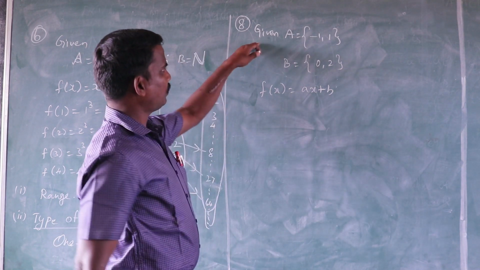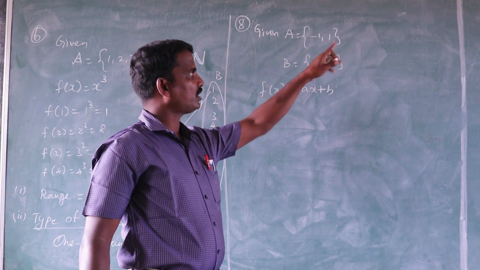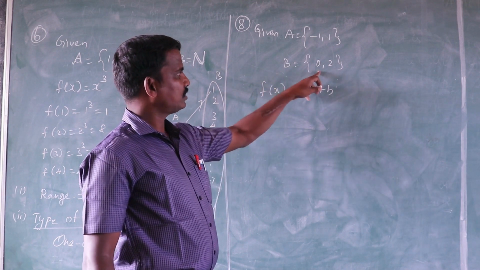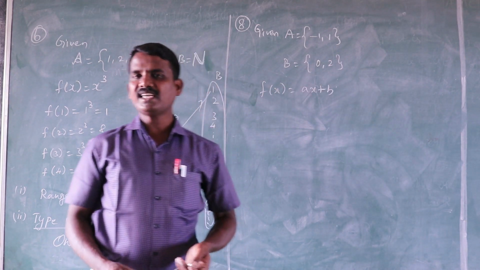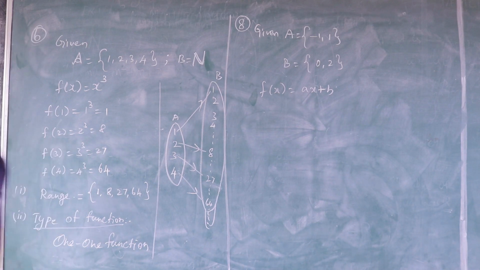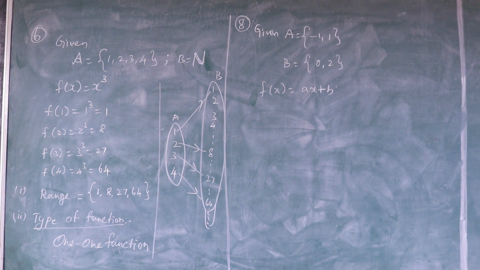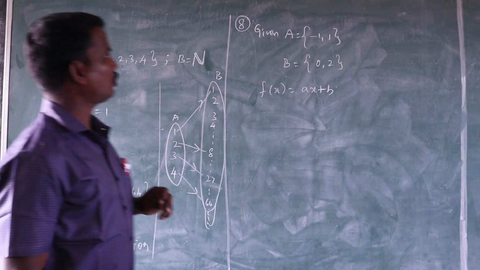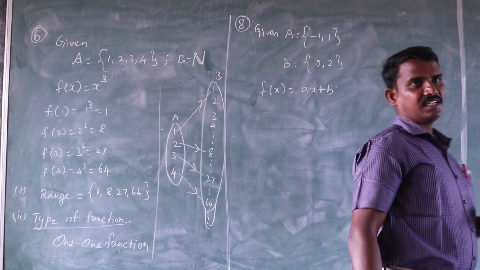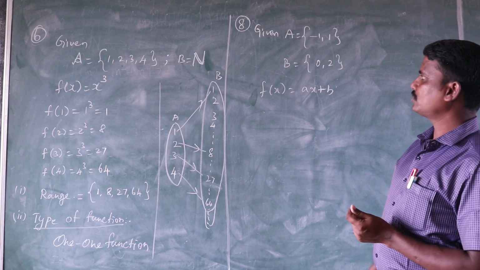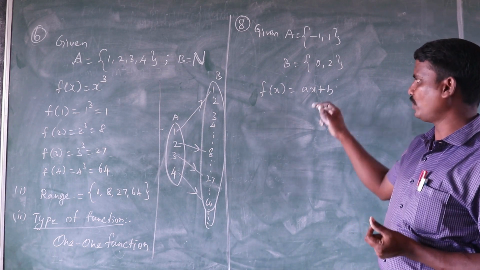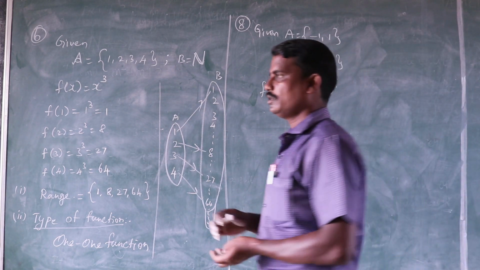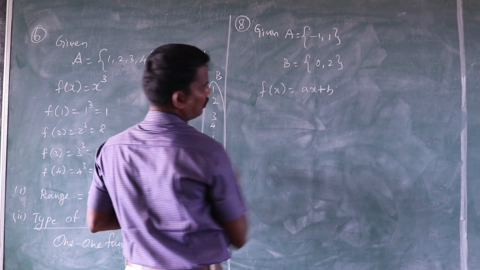Eighth question, given set A minus 1, 1 and set B 0, 2, the function is given f of x equal to ax plus b. Sorry, not bijective, it is onto function. So onto function means these two are equal.